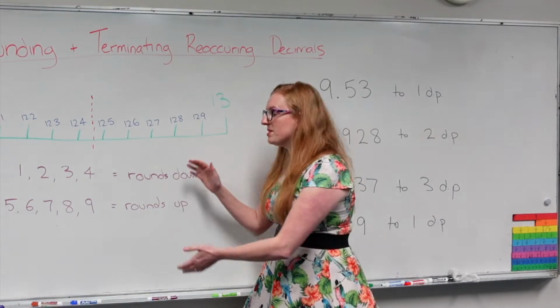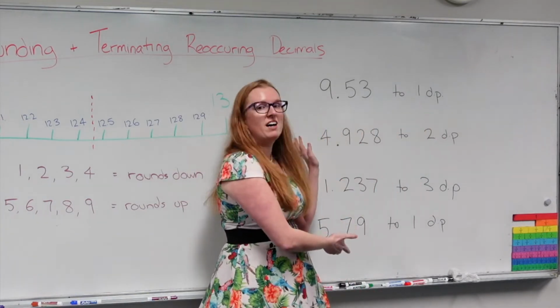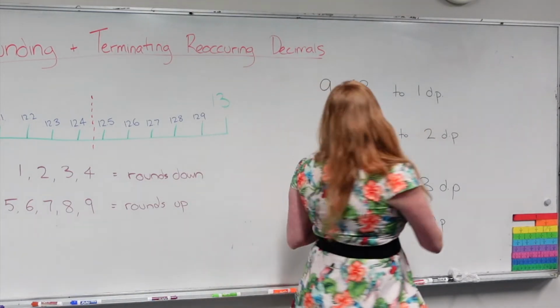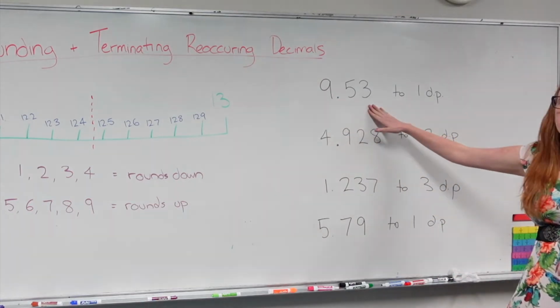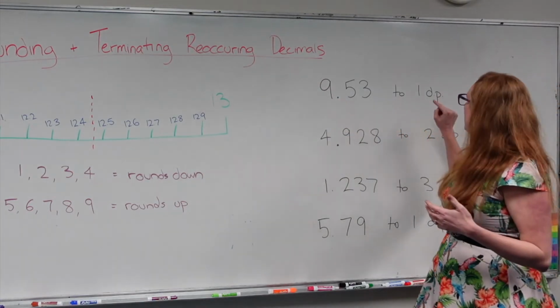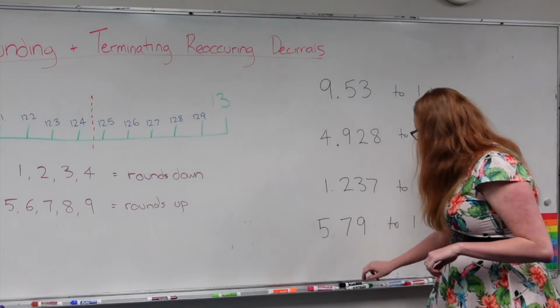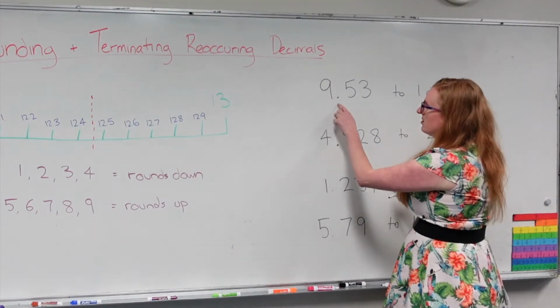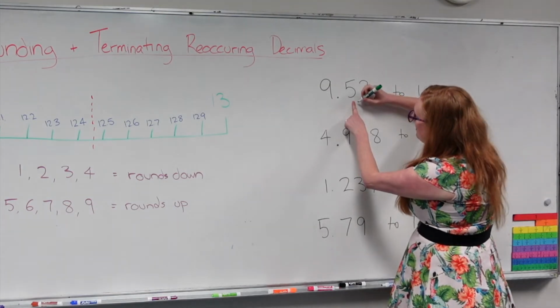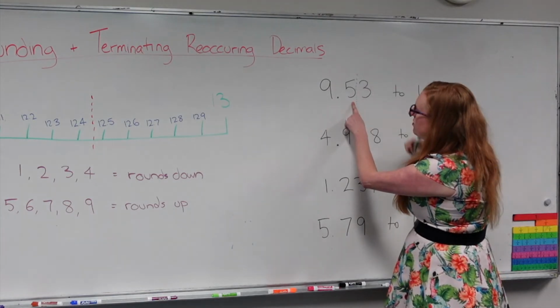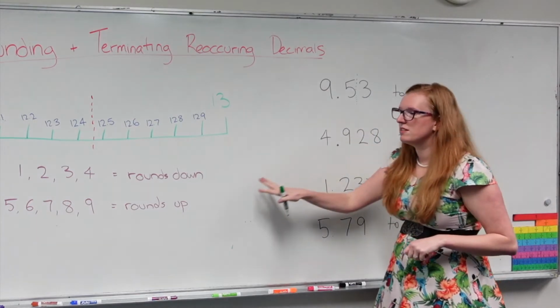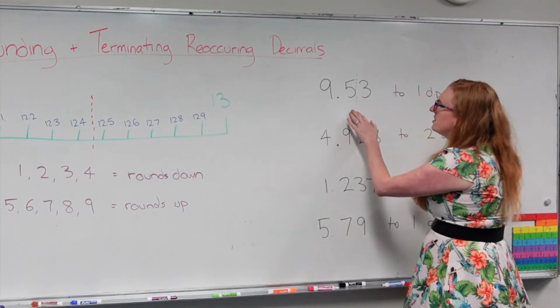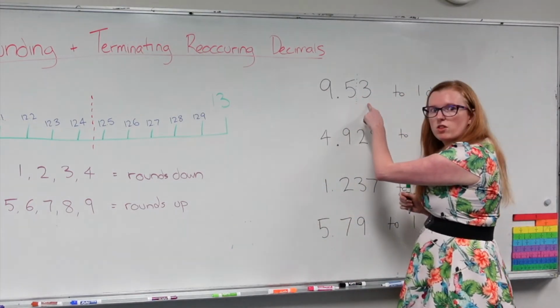Now let's use these rules to round some decimals. Here we've got 9.53, and I want to round it to 1 decimal place. So I'm going to count 1 decimal place, and anything after there I'm basically going to cut off according to this rule. I look at the number that comes directly after that, which is a 3.